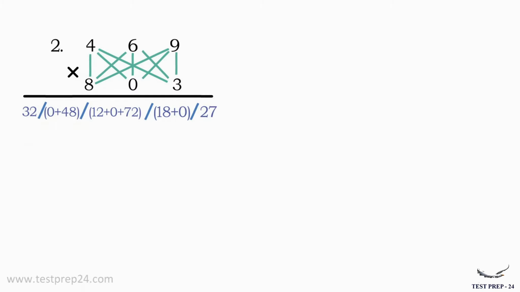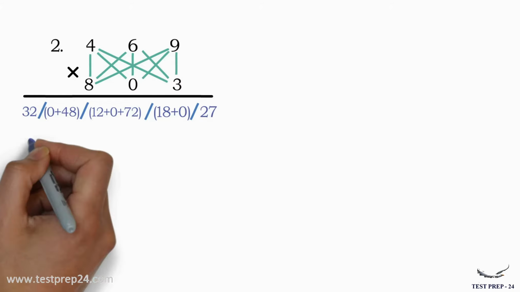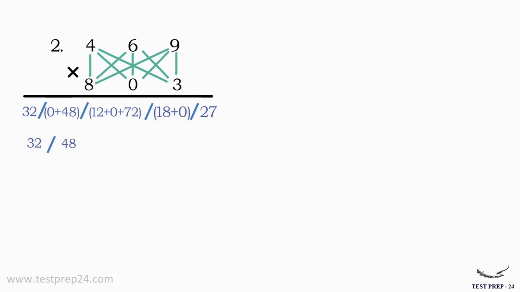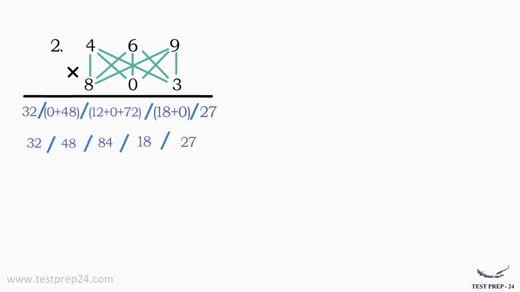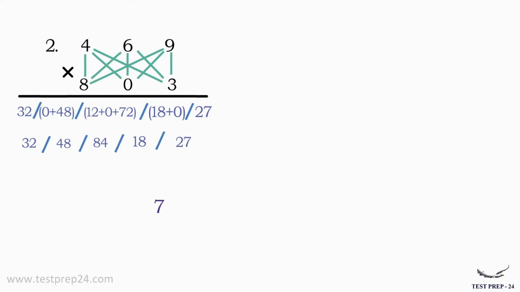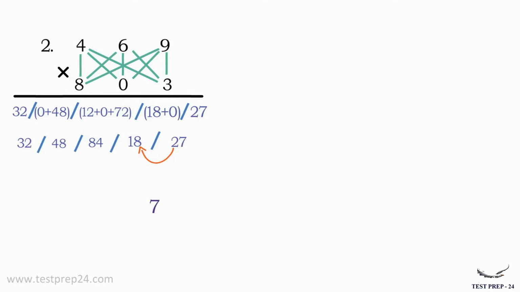So you can add all the values and you will get 32 slash 48 slash 84 slash 18 slash 27. As I have already told you, within a number there should be only a single digit. So 7 will be your last part, 2 will be carried to the previous number, so 2 plus 8 is 10, 0 you will write here and 1 will be shifted here.